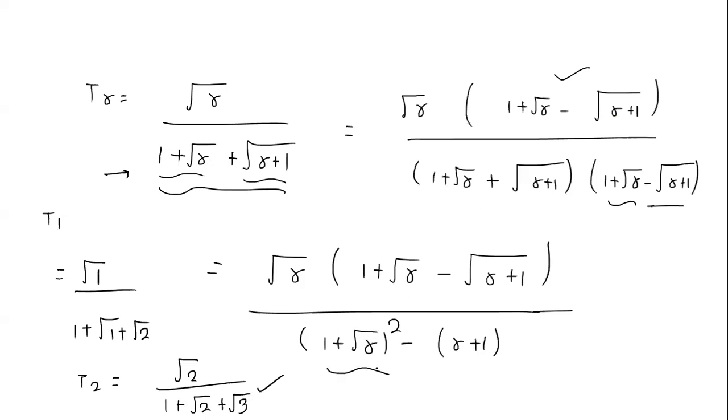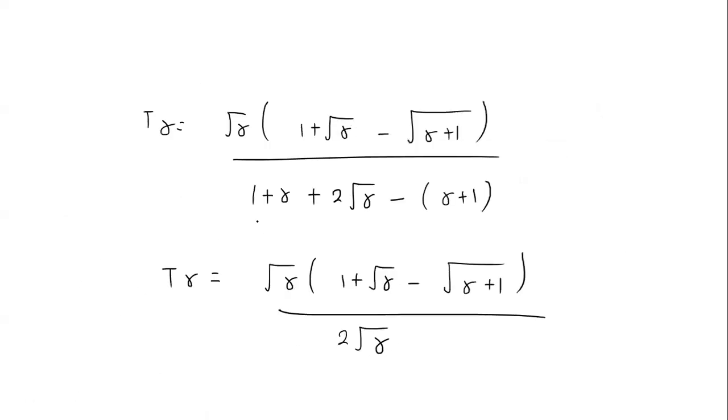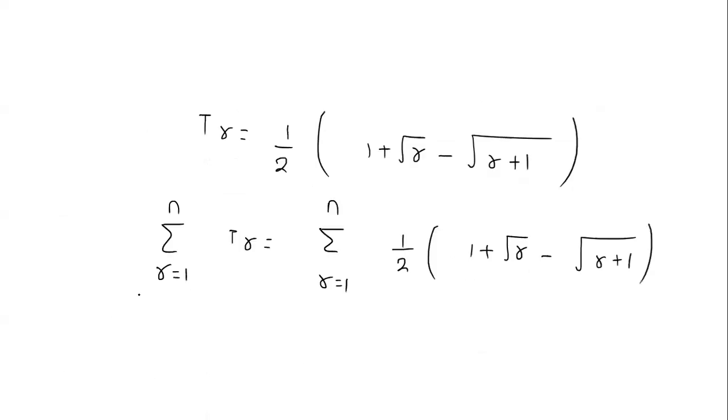So it will be 1 plus root of r whole square minus r plus 1, and in the numerator we have this thing. So you can open it, it will come like 1 plus r plus 2 times root r minus r plus 1. So this and this will cancel, and in the denominator we have 2 times root r, and in the numerator we have all these things. Now you see this root r and this root r cancel, and we are only left with half and this thing.